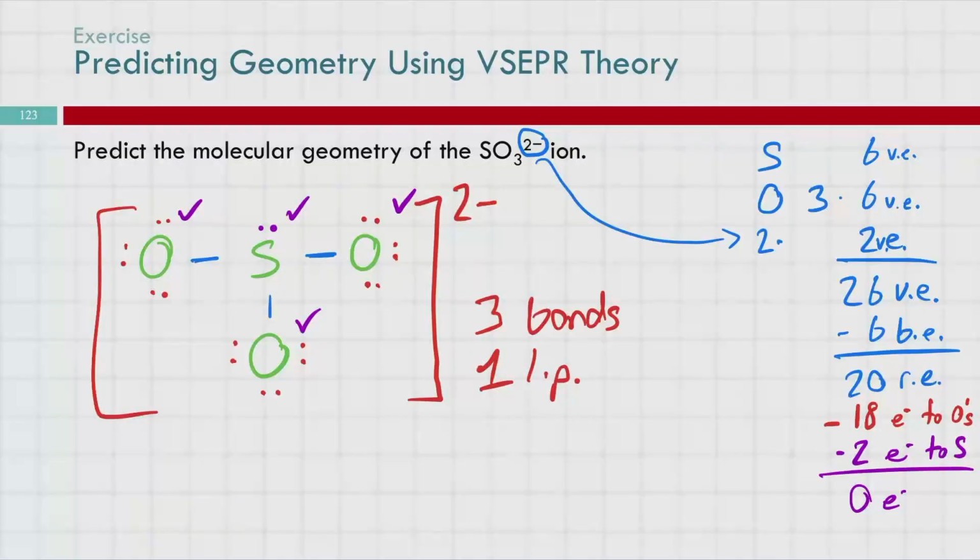We've got 3 bonds and 1 lone pair for a total of 4 electron groups. 4 electron groups, if they were all bonds, would be our tetrahedral shape. But we have 1 lone pair, and so that's going to make it trigonal pyramidal.